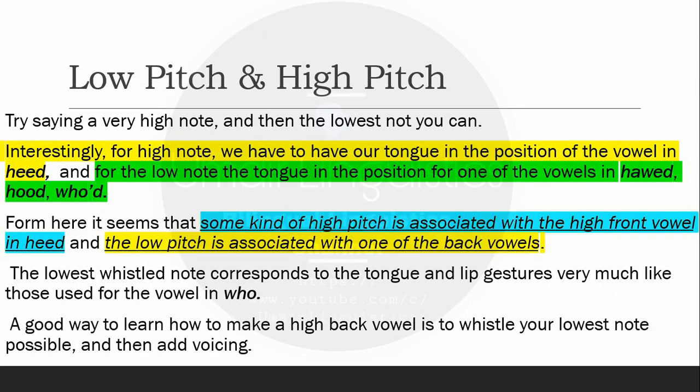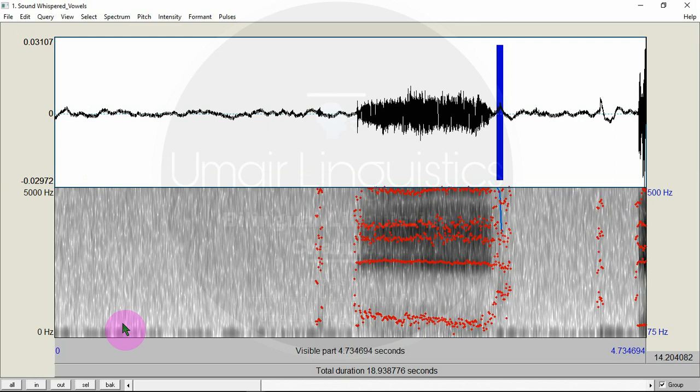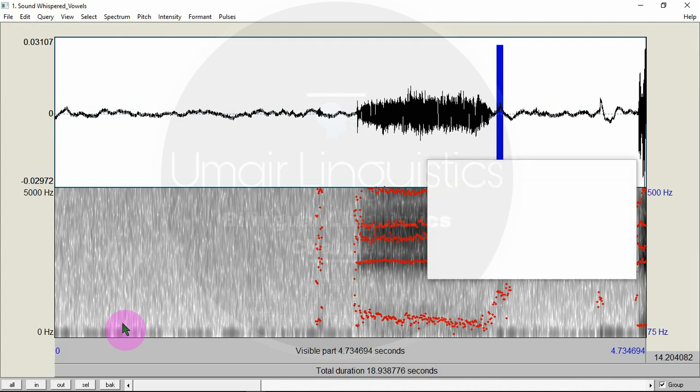So now I am going to show you something from Pratt. As we have discussed, as we move from the front vowels to back vowels, the pitch descends, and the highest pitch would be associated with the front high vowel like E. In Pratt we can look at the pitch very clearly.